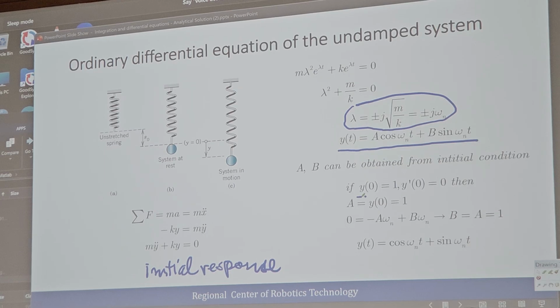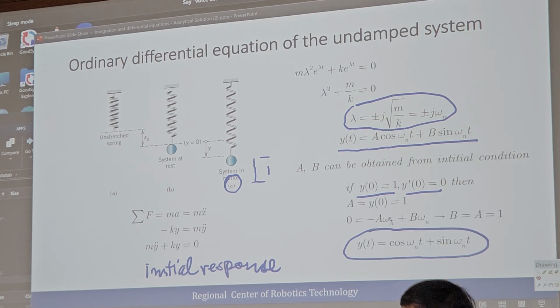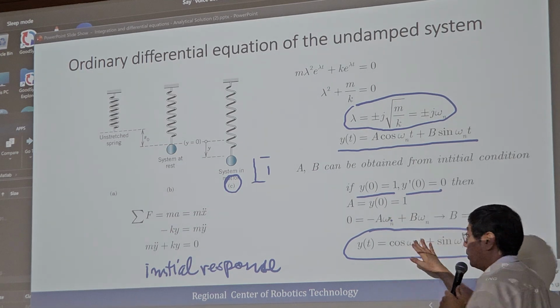Let's say y0 is 1. Say you stretch this to 1, and the velocity here is 0. If you release it, boom, it will go to this one.